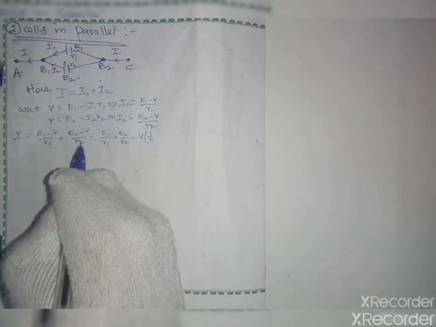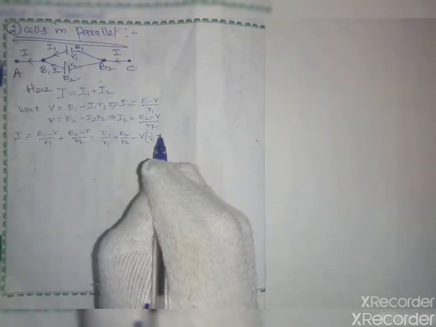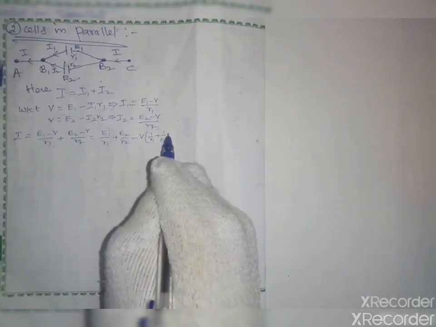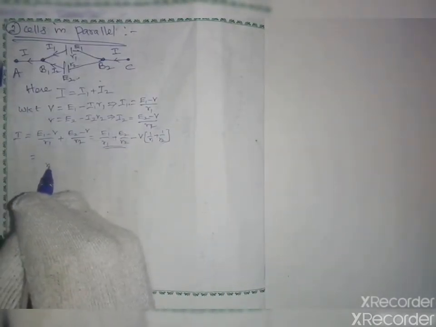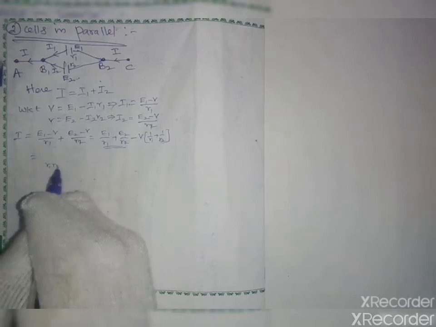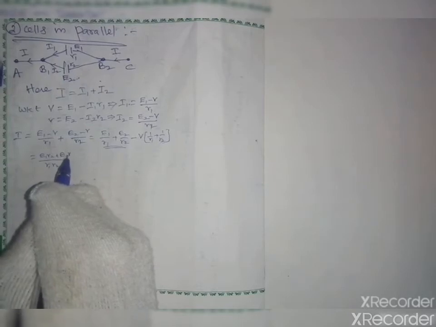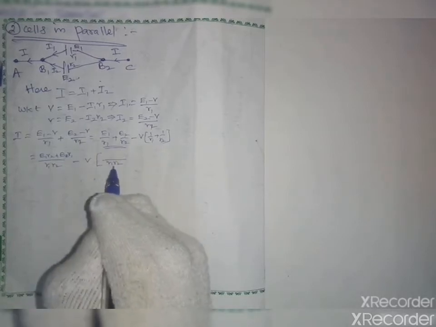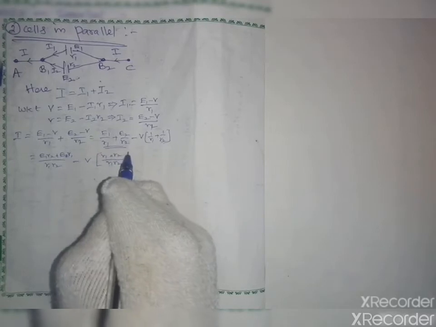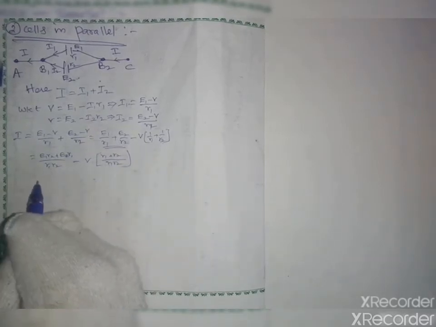Taking V common, the remaining is 1 by R1 plus 1 by R2. So here, taking LCM in the denominator R1 R2, we get E1 R2 plus E2 R1 over R1 R2, minus V times R1 plus R2 over R1 R2.